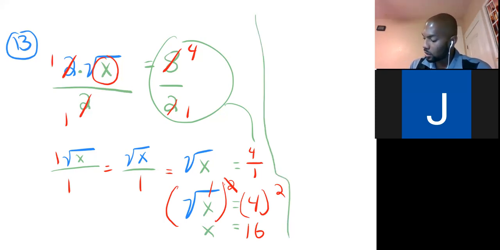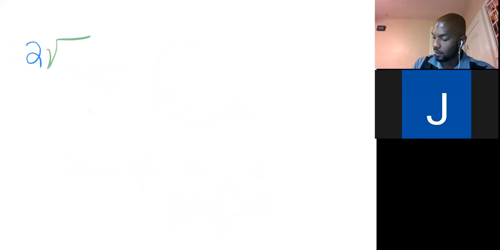So my original question was, I'm gonna have to erase everything for space. My original question was 2 times the radical of x is equal to 8. Now I say that my x is 16.